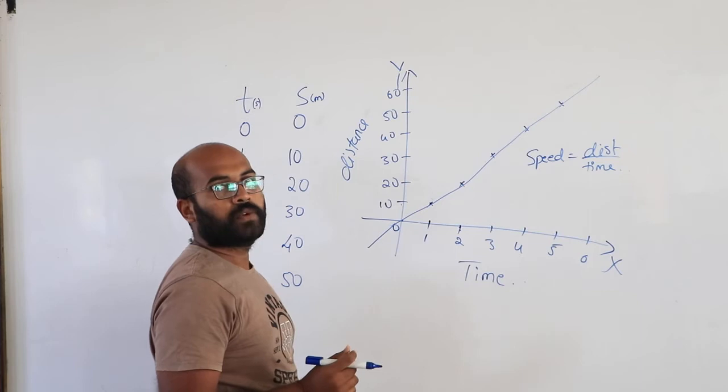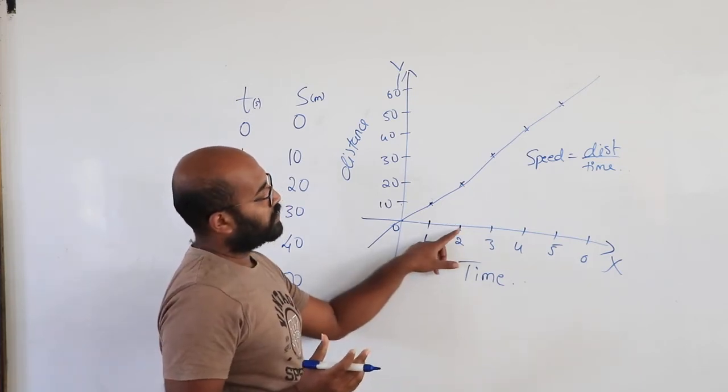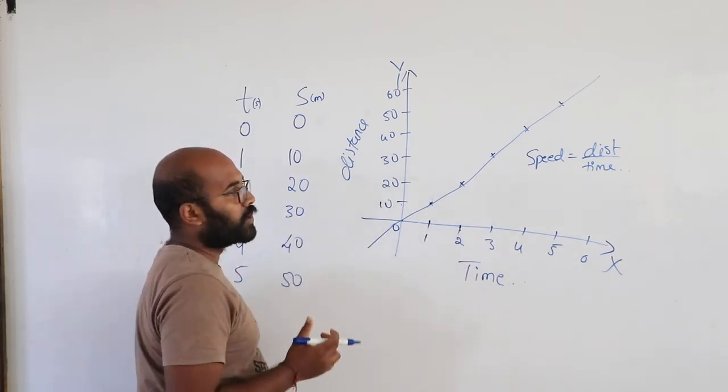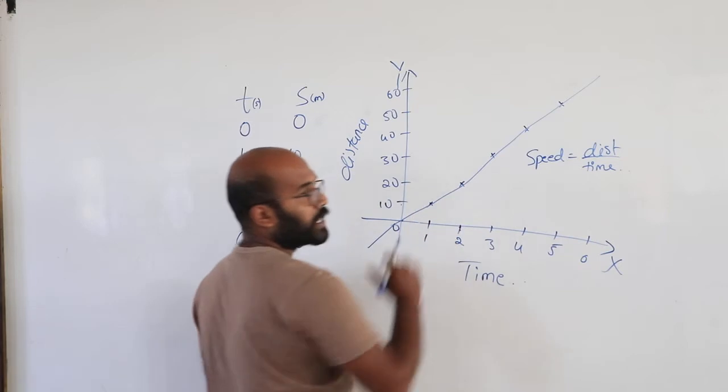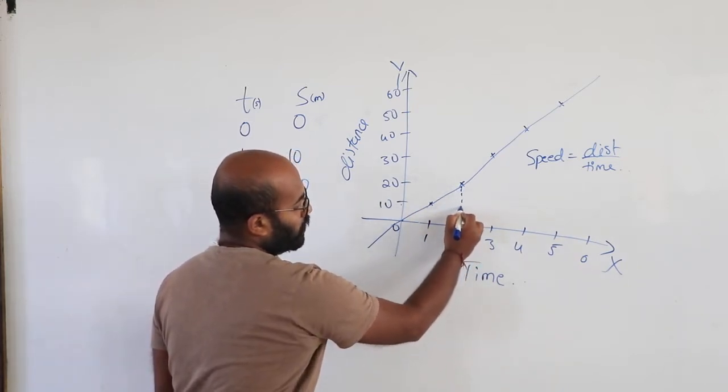Suppose an object is moving, what is its speed when it is traveling from 2 seconds to 3 seconds? At this time what you need to do is take the difference. So from here, draw a dotted line.